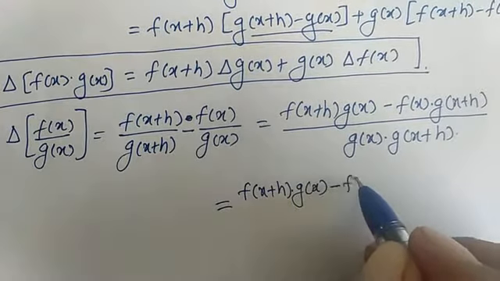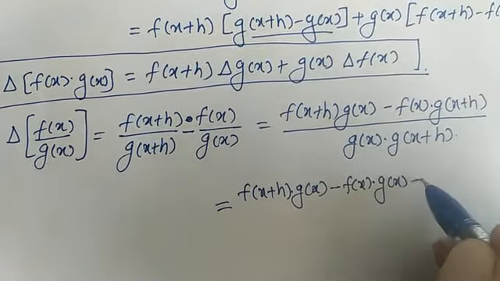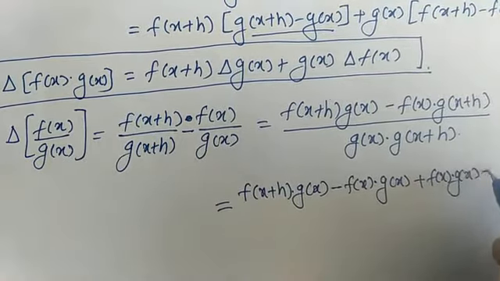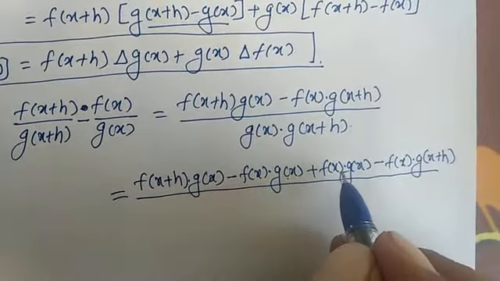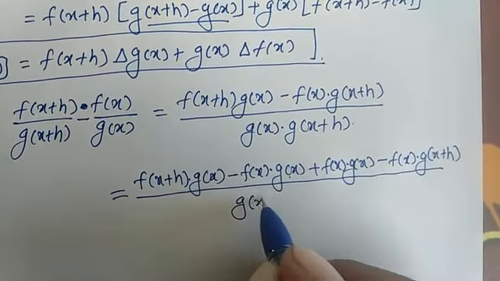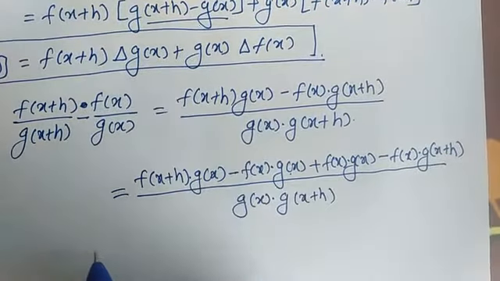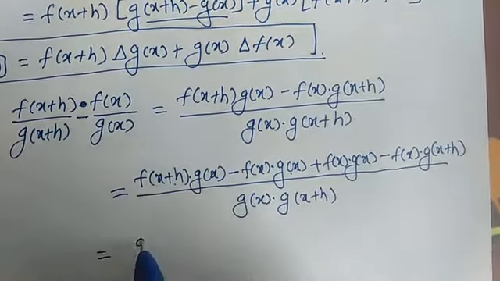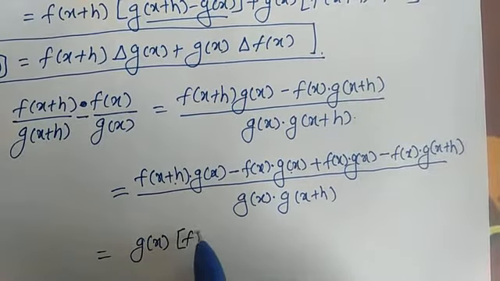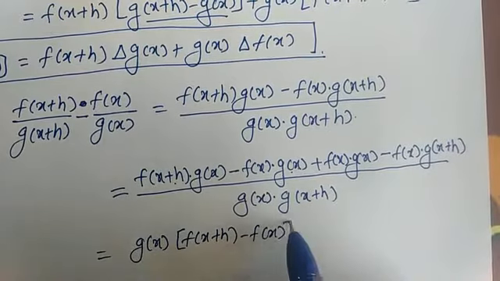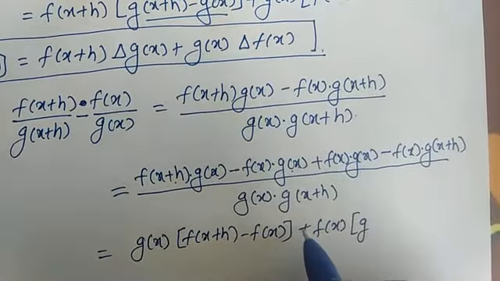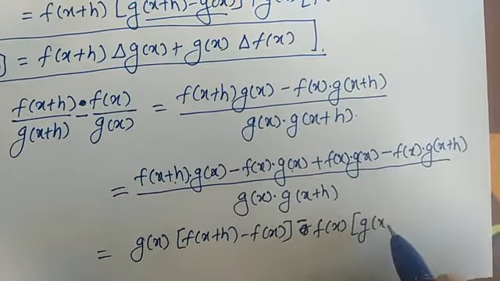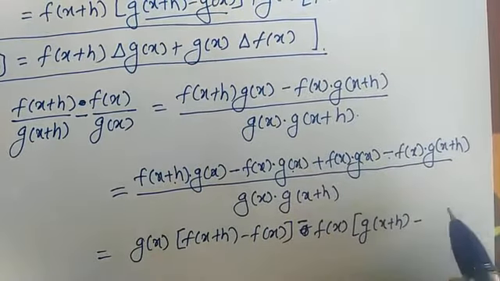We have to subtract f(x)g(x), and we have to add f(x)g(x) minus f(x)g(x+h). The adjustment is that we add and subtract f(x)g(x) in the numerator, and the denominator is as it is, g(x) into g(x+h). So from the first two, g(x) is common and it only remains f(x+h) minus f(x), and in the second term f(x) is common, and we take the minus common so it will be g(x+h) minus g(x). Negative term we can write first and positive term second.